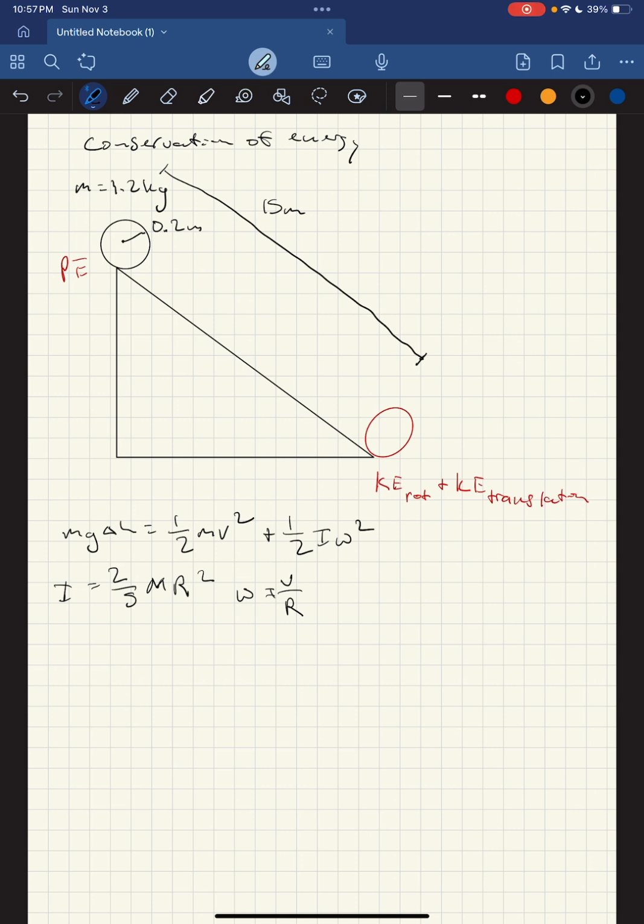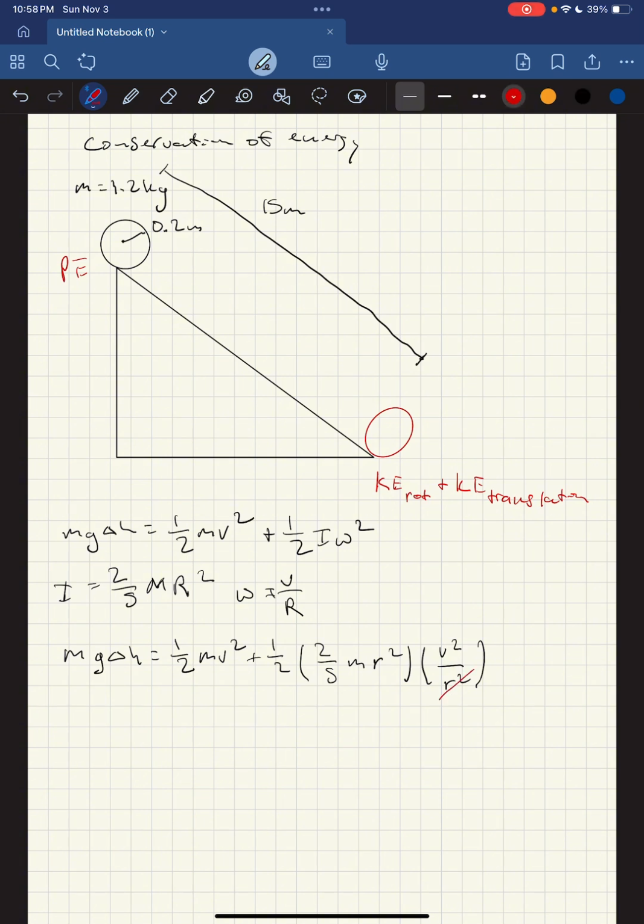Plugging these two values in, you would get mg delta h equals 1/2 mv squared plus 1/2 times 2 over 5 mr squared times v squared over r squared. Now, your terms cancel out.